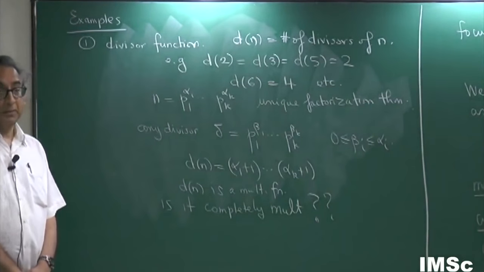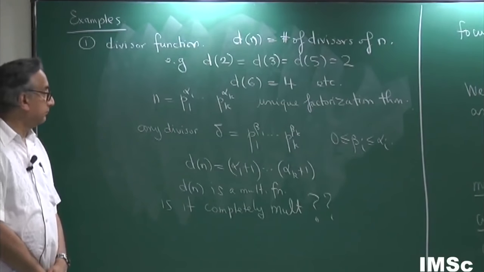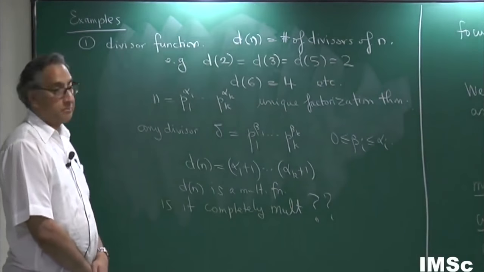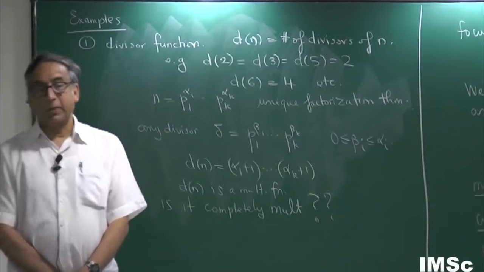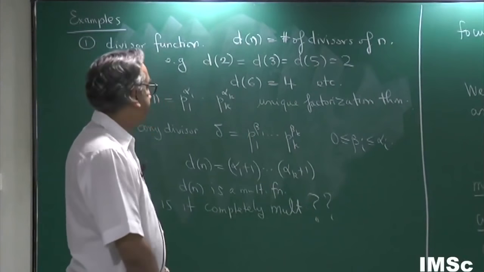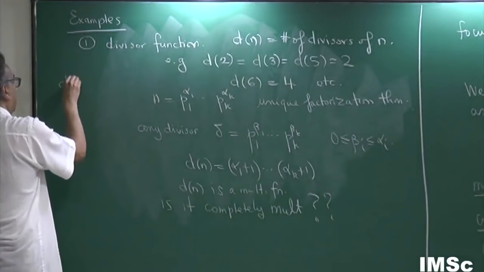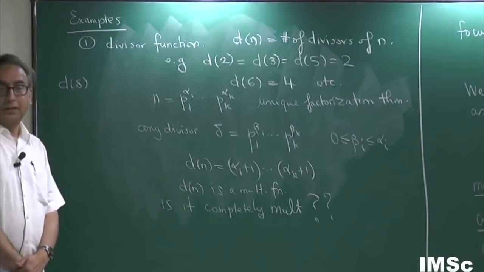Is it completely multiplicative? All you need to do is come up with an example, correct? Okay, well, let's look at d of 8. How many divisors does 8 have?